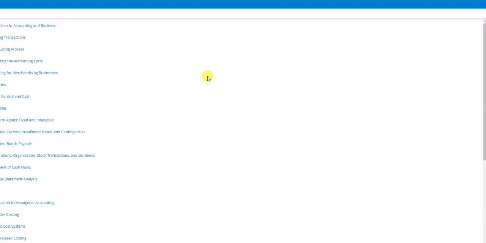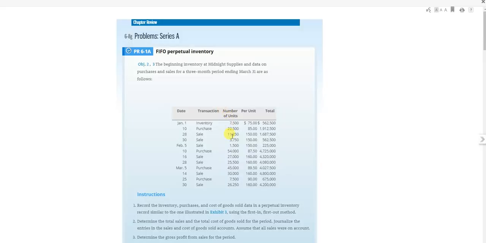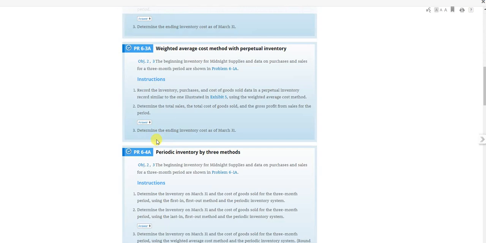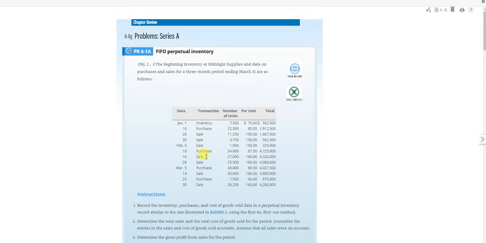And then within the index of the ebook, select Chapter 6, and then go to the Problem A problems. Look for problem 6-1A, 2A, and 3A, which is going to use the same problem to do it. So I would go ahead and print this page out. Just do a screenshot or something to print out that page so you can mark on it.